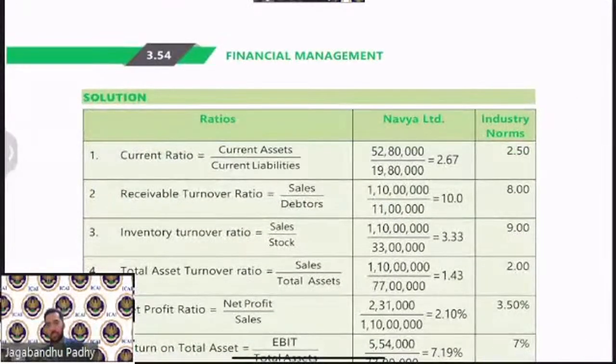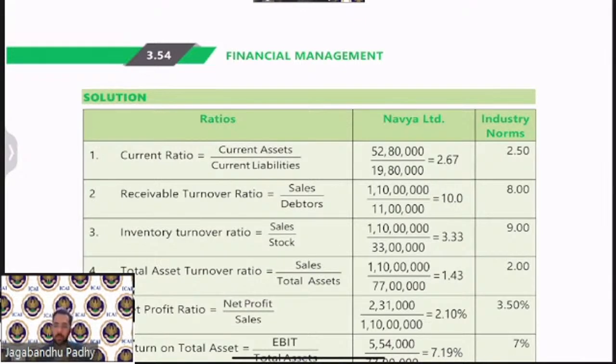The types of questions you may get are, first, straightforward ratio calculation. Secondly, preparing the balance sheet and P&L. Thirdly, doing the analysis. The toughest part is the analysis, because you need to articulate your words and put them in the form of sentences and paragraphs. You also need to be analytical about those numbers.